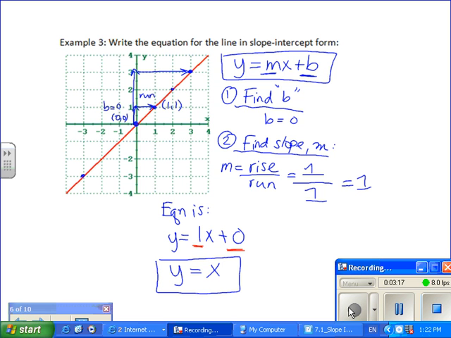And 1x is the same as x. Okay, so this is just simplified. I'm doing this on purpose because I want you to be familiar with simplifying an equation. Also, now you could go backwards and figure out by looking at the equation y equals x, you could see that b is equal to 0 and that your slope is 1. Okay.